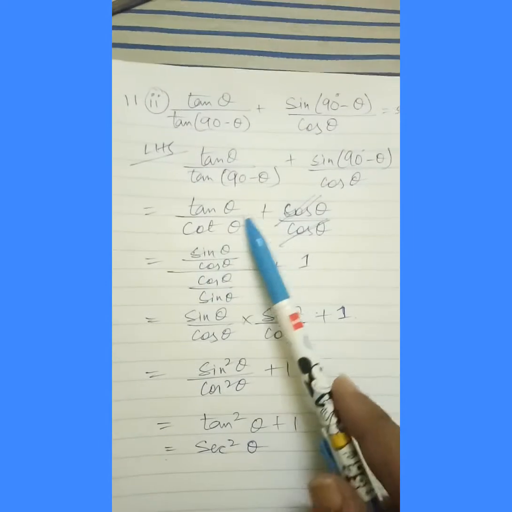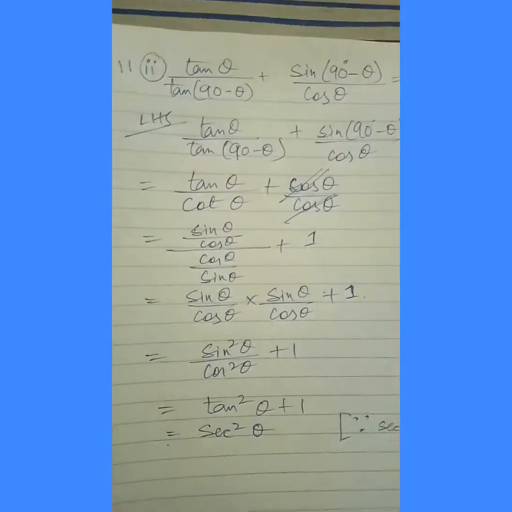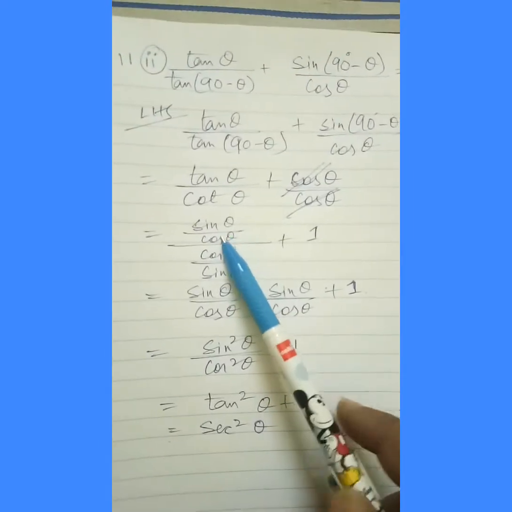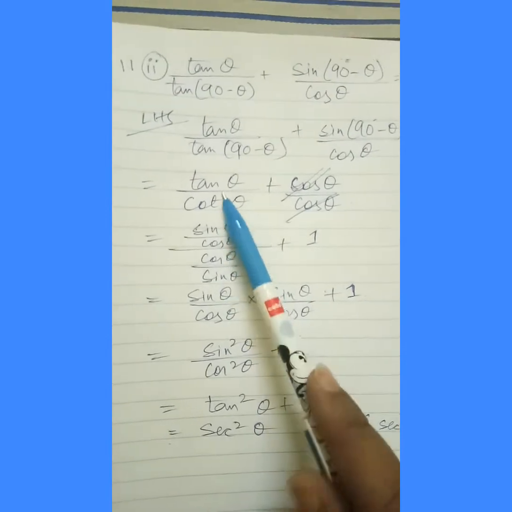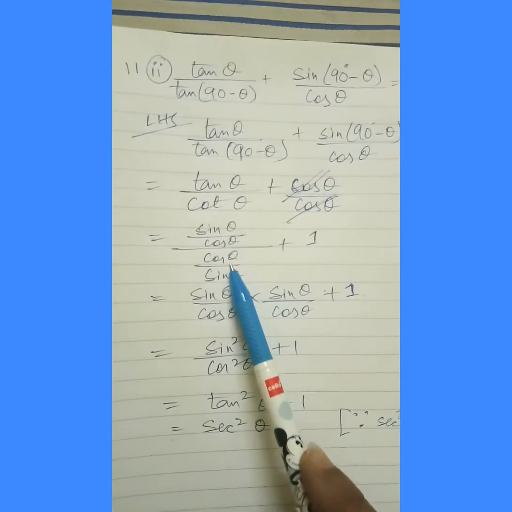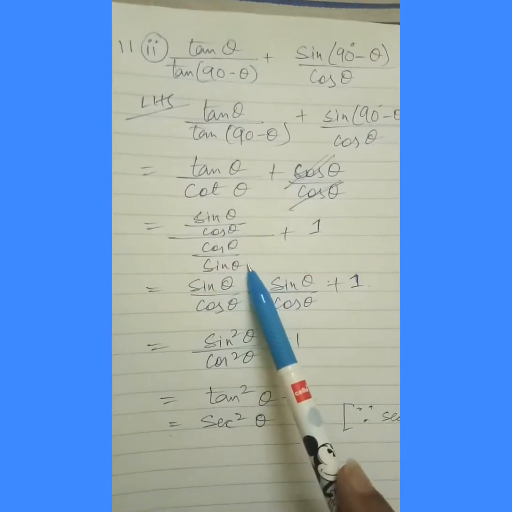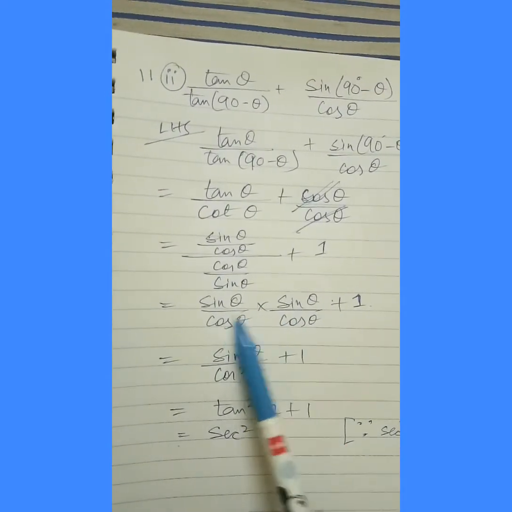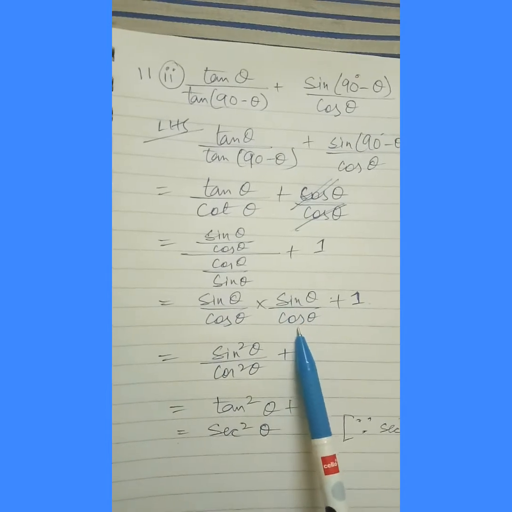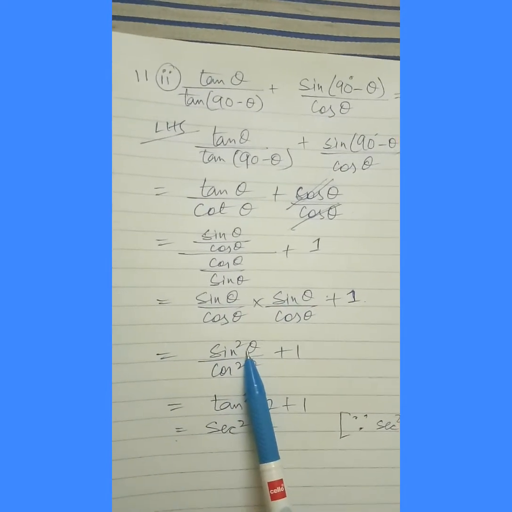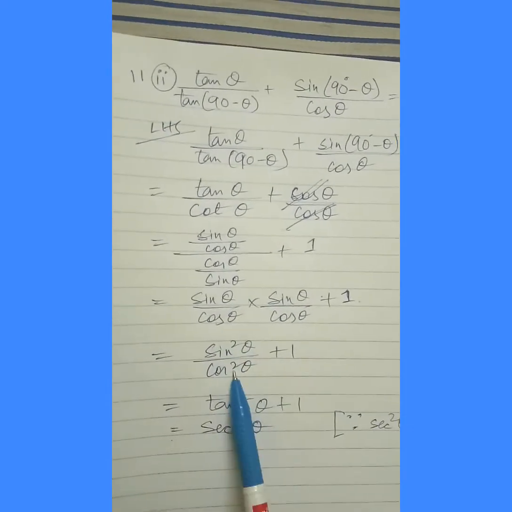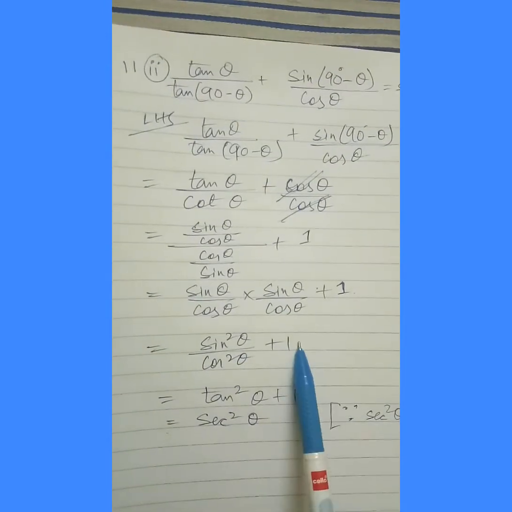Then from here, tan theta by cot theta, I can write sin by cos in place of tan, and in place of cot I can write cos by sin. Now after taking the reciprocal, see what I got: sin by cos into sin by cos, that is sin² theta by cos² theta, then it will be plus 1.